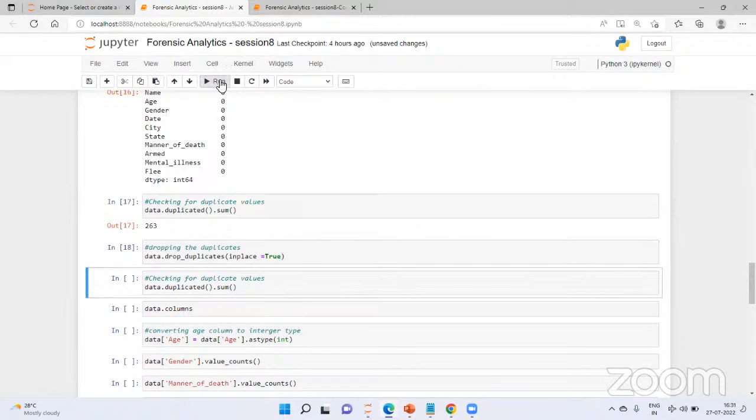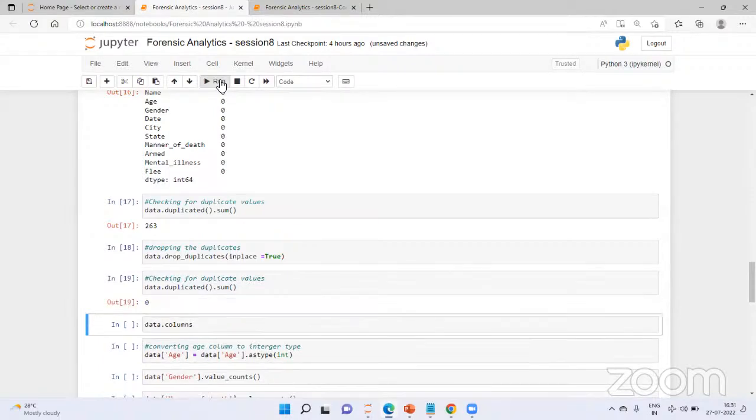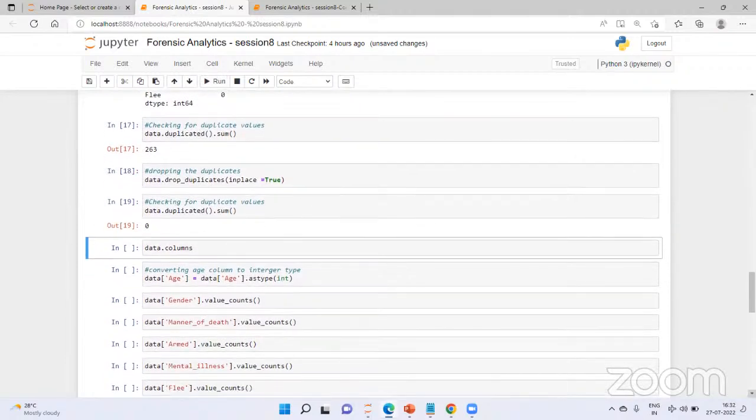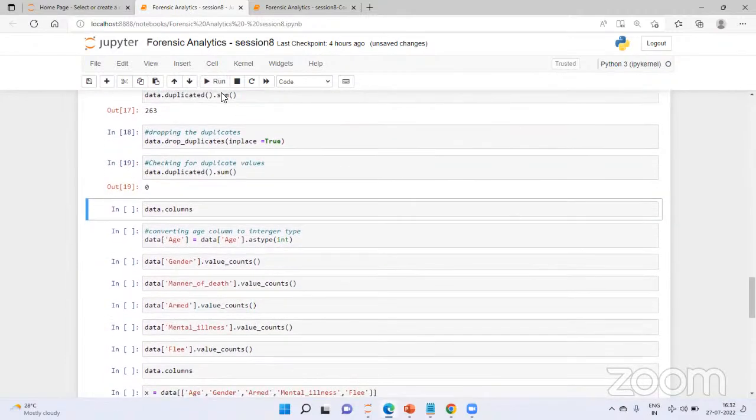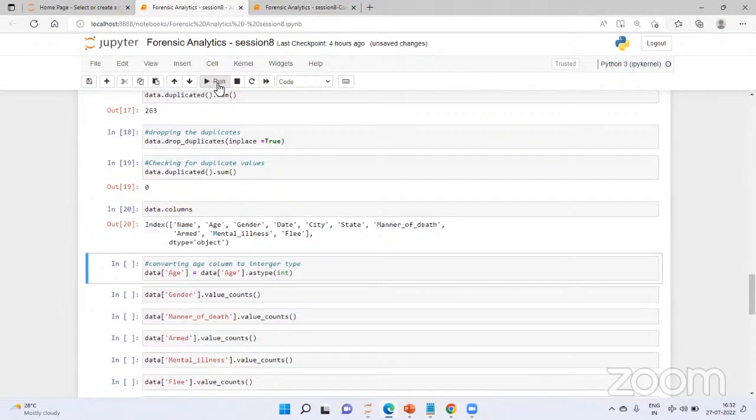Once you drop the duplicates, let's check whether any duplicates are there or not. Now 0 rows are duplicated. Now what are the column names of my data? data.columns will give the column names. Yes. Now converting the age column into the integer type.